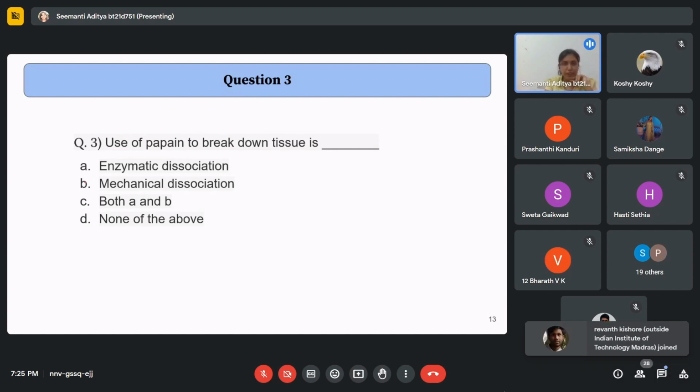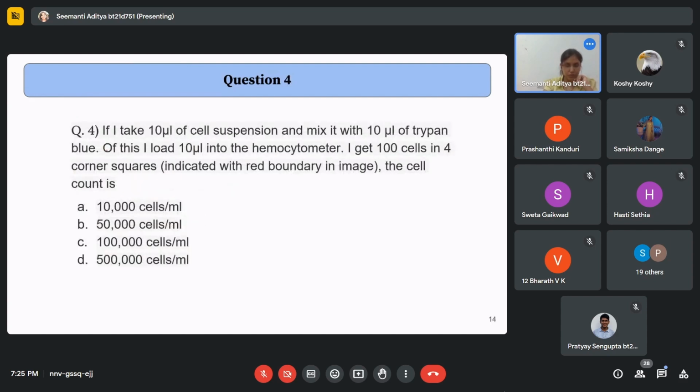Yes, so papain is used for enzymatic dissociation, so that's correct. Next question.